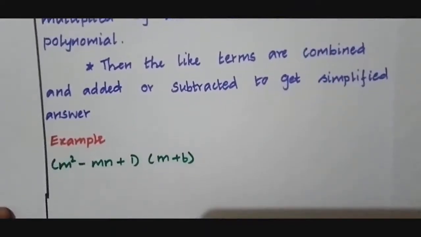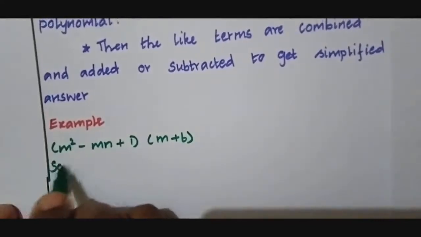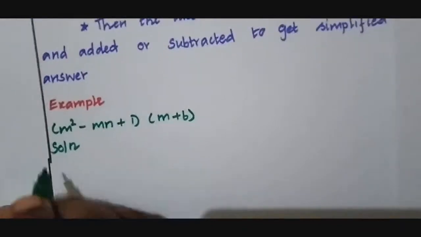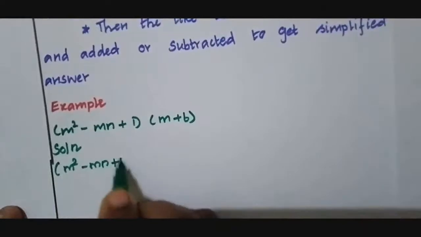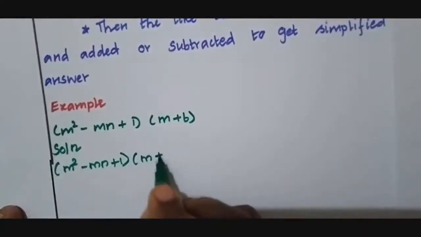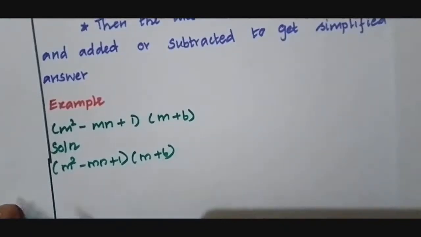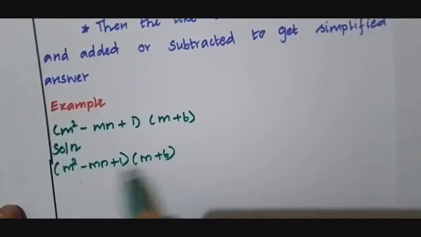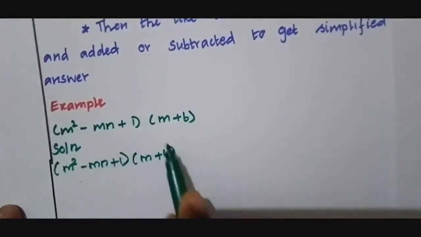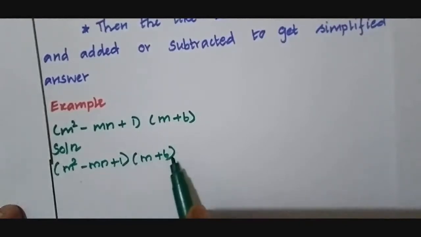m square minus mn plus 1 into m plus 6. First multiply this m square with the terms inside the second expression, then minus mn with the terms inside the second expression, then this plus 1 with the terms inside the second expression.